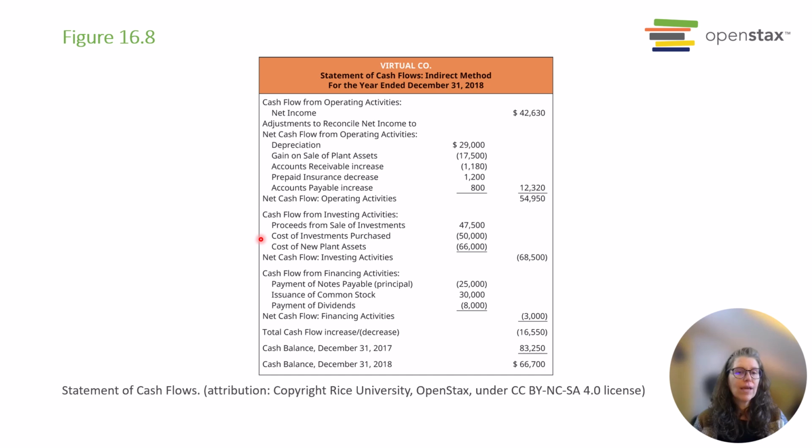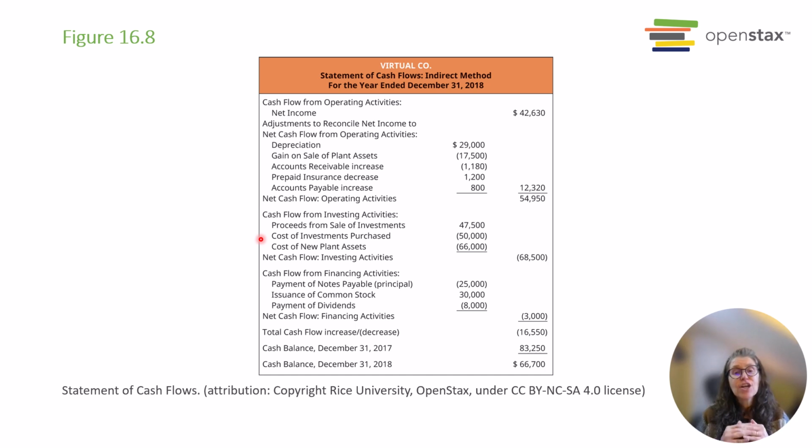Then we had actual investments purchased. Now this is not interest made on those investments, but actual purchases of investments. So we include them in our long-term assets. And we also bought some plant assets for cash, cash out, minus $50,000 and minus $66,000.